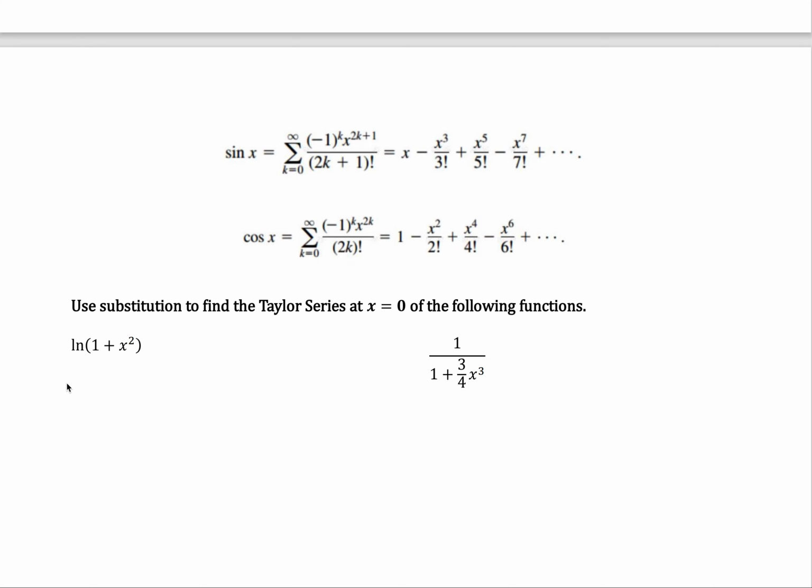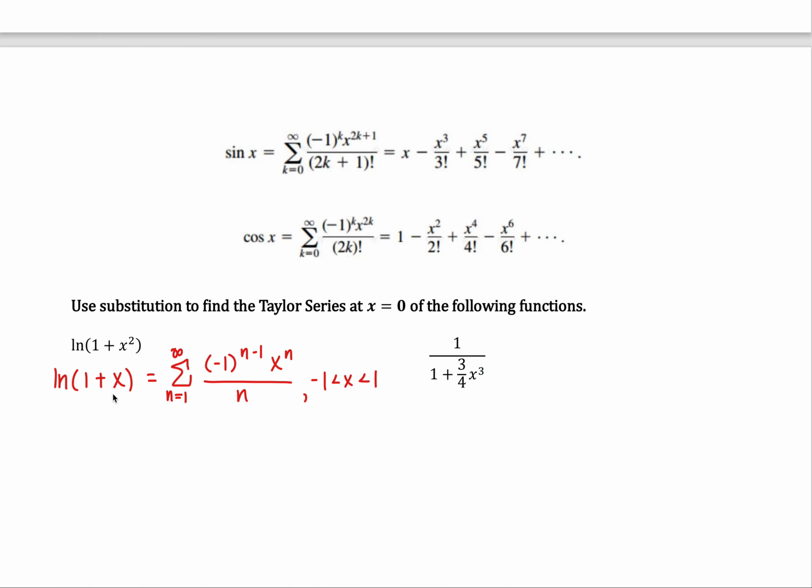So the first one here, and again, I'm going back to section 10.7, the natural logarithm of 1 plus x is equal to the series that goes from n equals 1 to infinity, and it's negative 1 to the n minus 1 times x to the n over n, and it holds for values of x between negative 1 and 1.